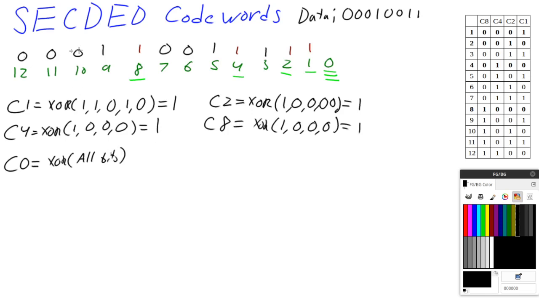We've got 1, 2, 3, 4, 5, 6, 7 ones. Since there's 7 ones, that's an odd number, so we need to make it even by adding another 1. So here, let's make it pink, we'll put a 1 there. And there we go. That is our entire SECDED code word.